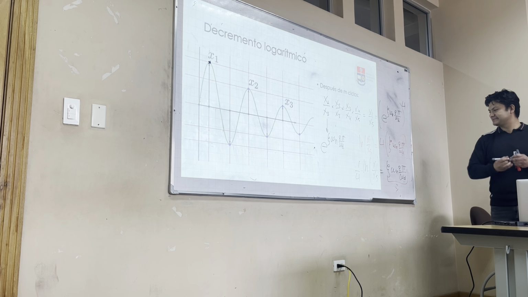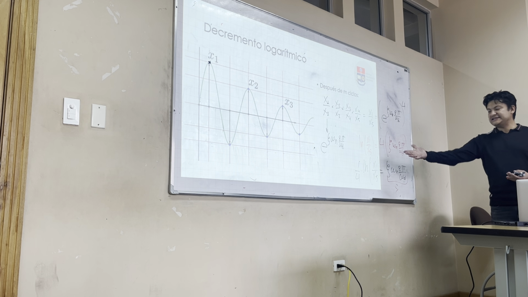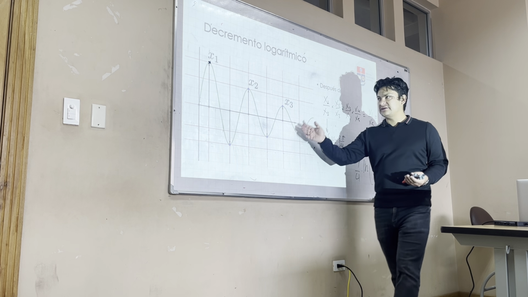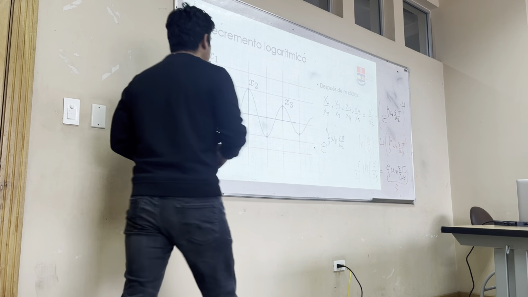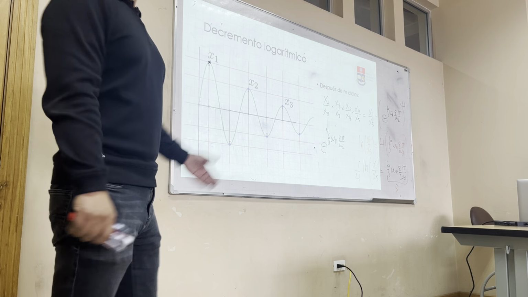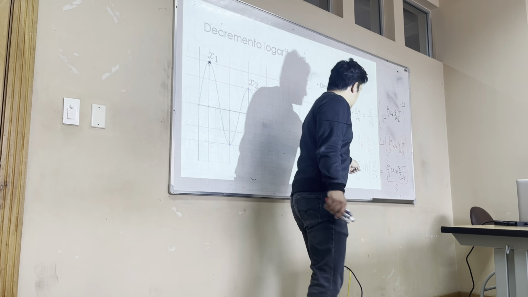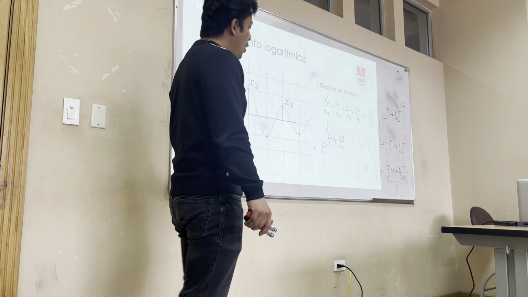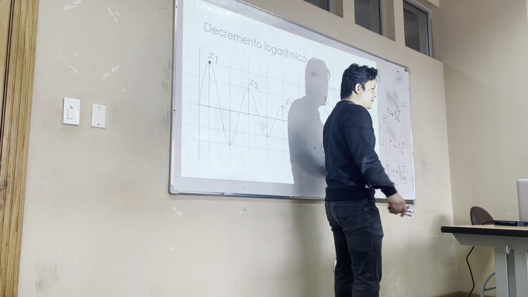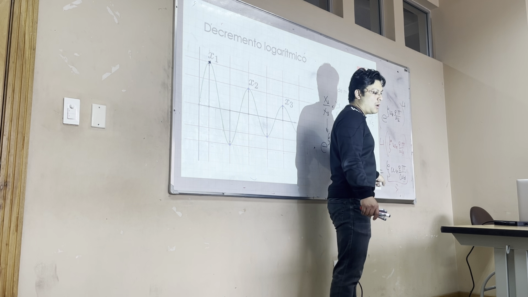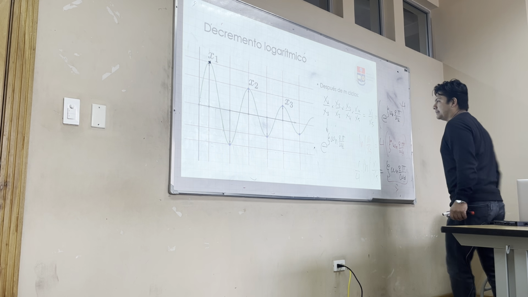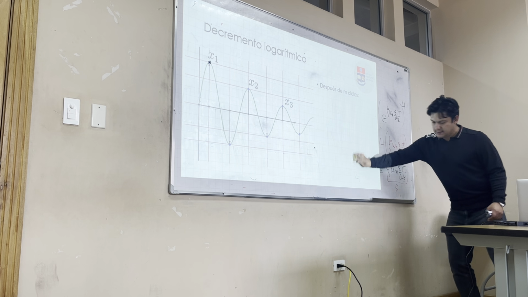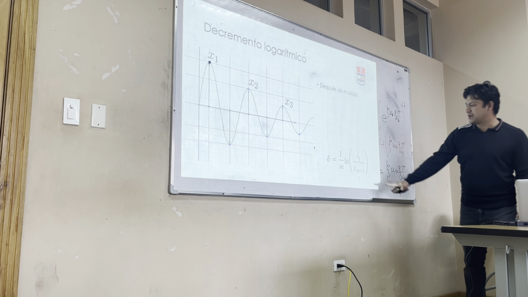Okay? So this is the general expression. If you want to have a logarithmic decrement after several periods, it's the very same formula, but you divide by the number of periods. So a general form of this thing is this equation.